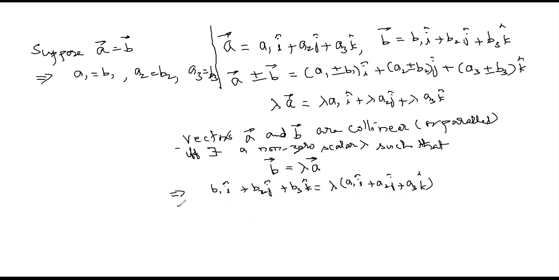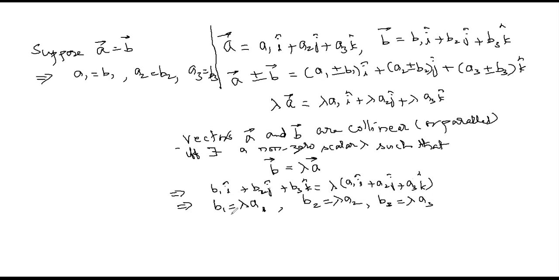So we can write B1 as lambda A1, B2 as lambda A2, and B3 as lambda A3.